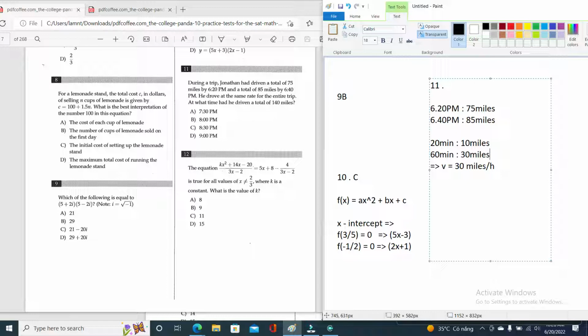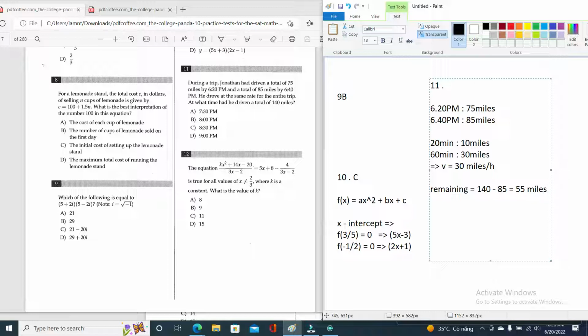Alright. So what time has he driven a total of 140 miles? Okay, so at 6:40 he is at 85 miles. So the remaining road is just 140 minus 85, which is 55 miles, right?